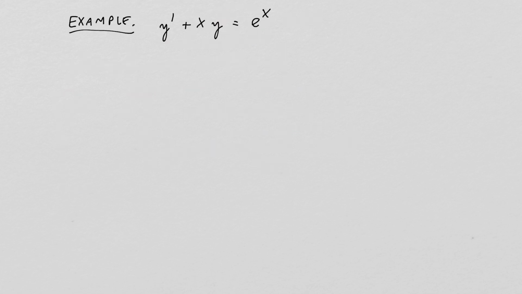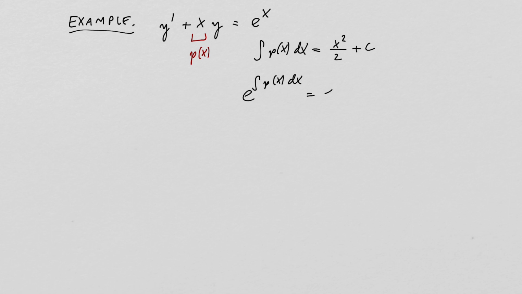Let's try to solve this equation by not using the formula. So we will try to make out the integrating factor. We should see that this is the function p. This is the integral function of p, and the exponential of the integral function of p would be, let's see, something like this.